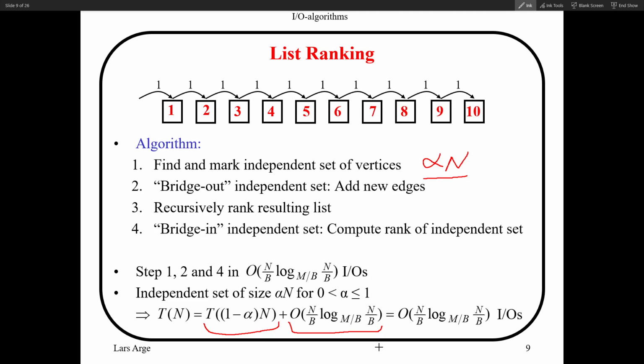If you look at this, you'll see that this forms a geometric series, because there is only one term in the recursion, so we're just recursing on a smaller and smaller fraction of the input.